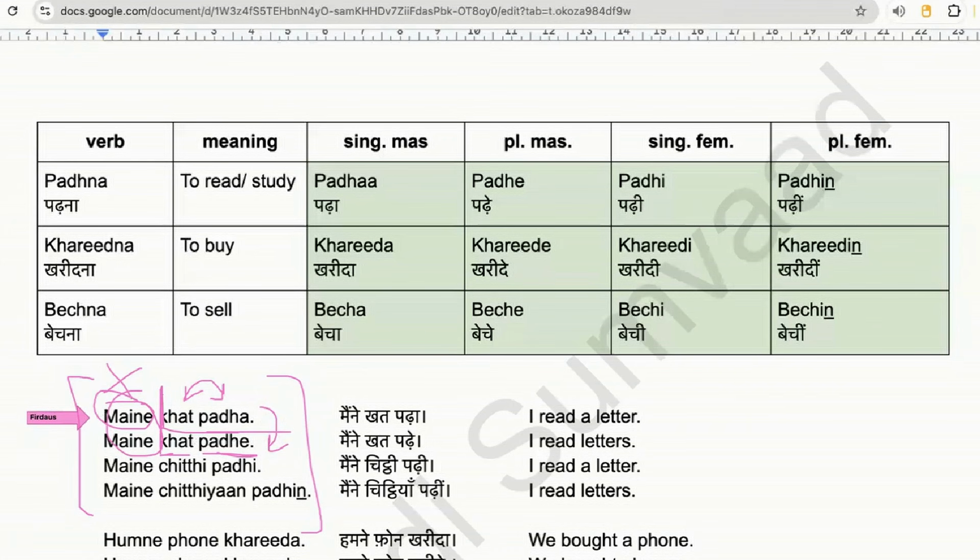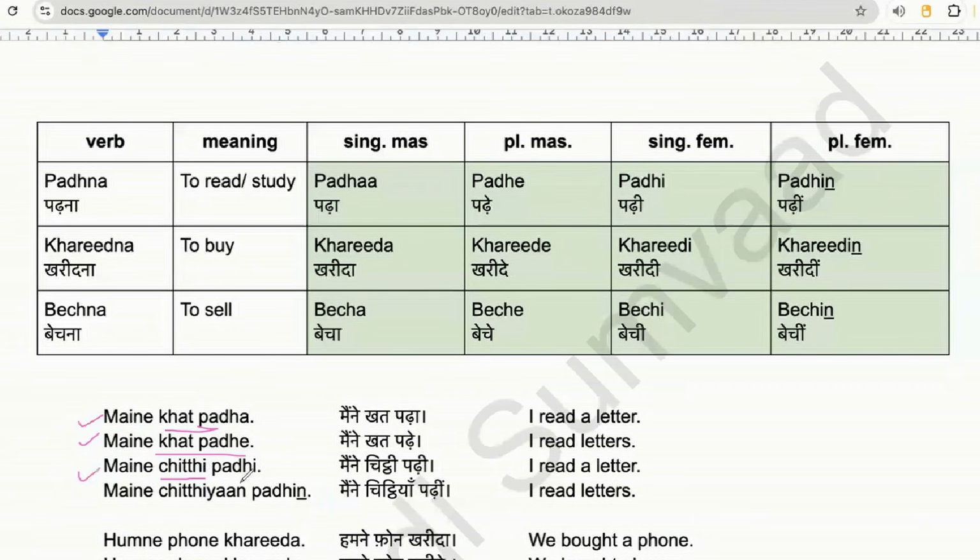Once again, मैंने खत पढ़ा. I read a letter. मैंने खत पढ़े. I read letters. And then मैंने चिट्ठी पढ़ी. I just changed the object. Chitthi also means letter, but this is a feminine word, singular feminine.